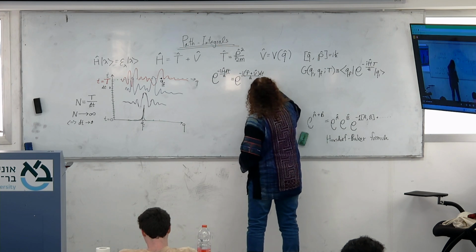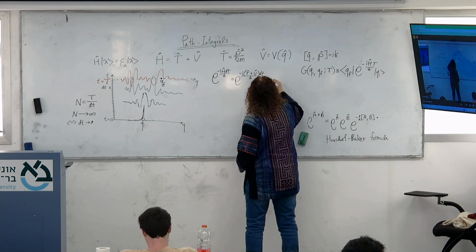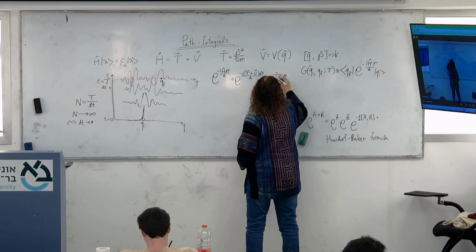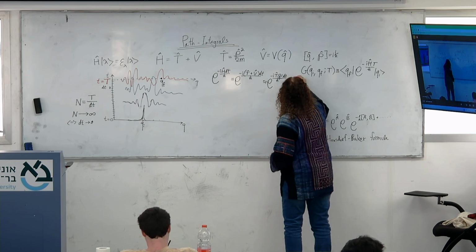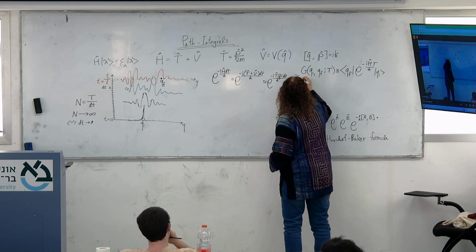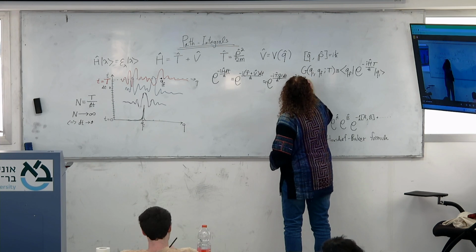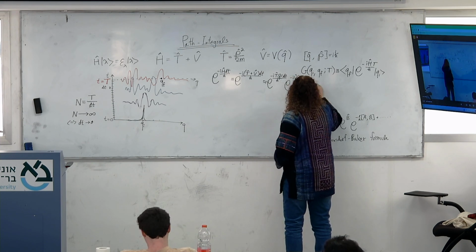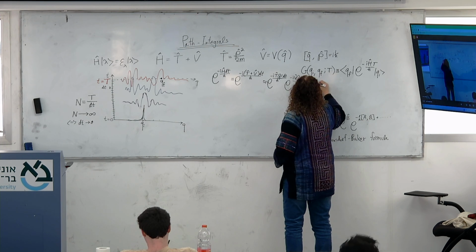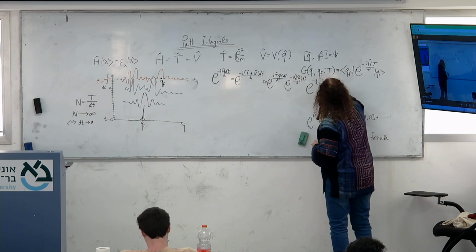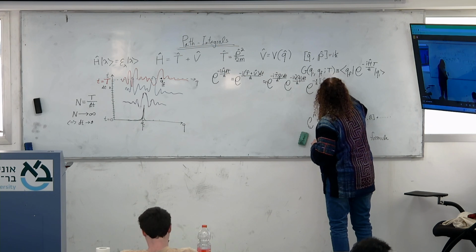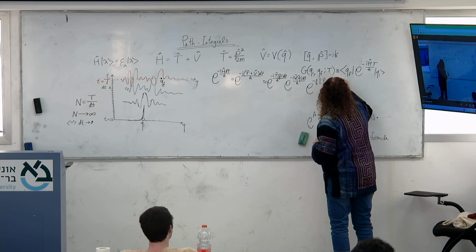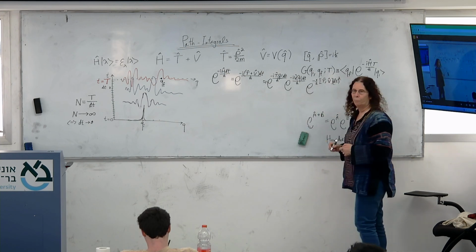However, that's exactly where we can make the approximation: T is just a function of the momentum, times e to the minus i V, which is a function of only q, times the exponent of the commutator [T, V], but now here I have dt squared, okay?